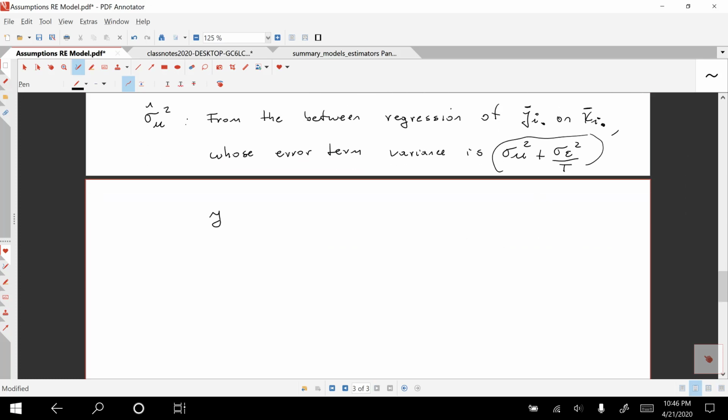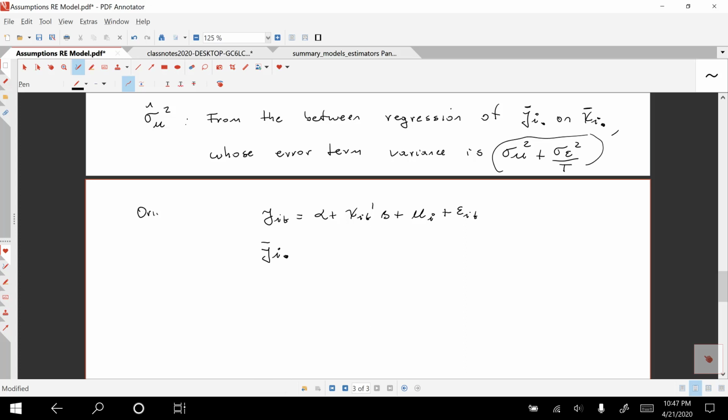So remember that, again, let's start with the between regression of the random effects model. We will have to start with the random effects model. The between transformation I had already done before.